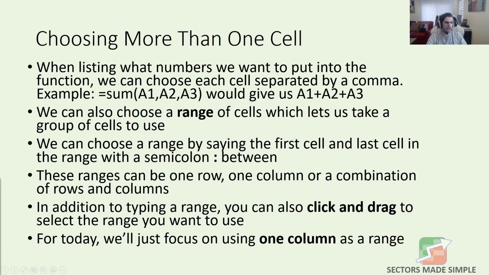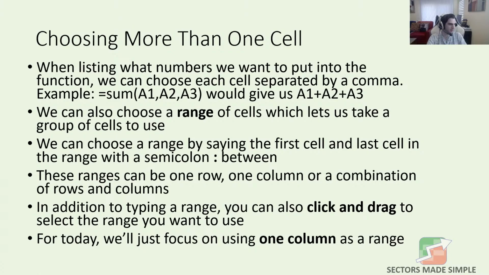If we want to choose a list of numbers for it to do, we would separate each one of those numbers by a comma, as you see in this example here. So equals SUM, parenthesis, A1, comma, A2, comma, A3 would give us A1 plus A2 plus A3.